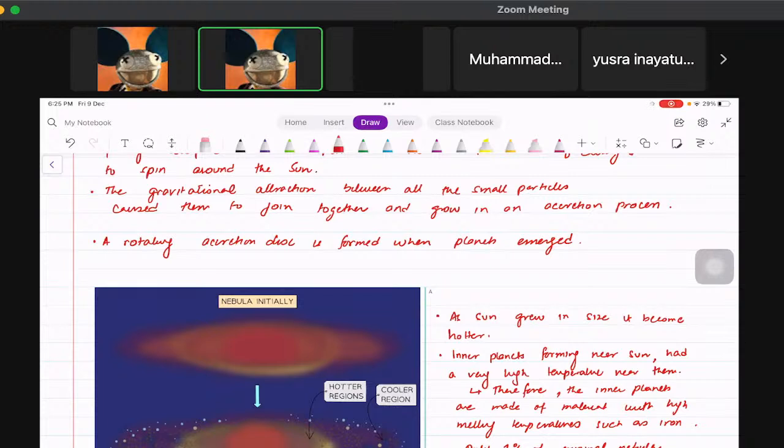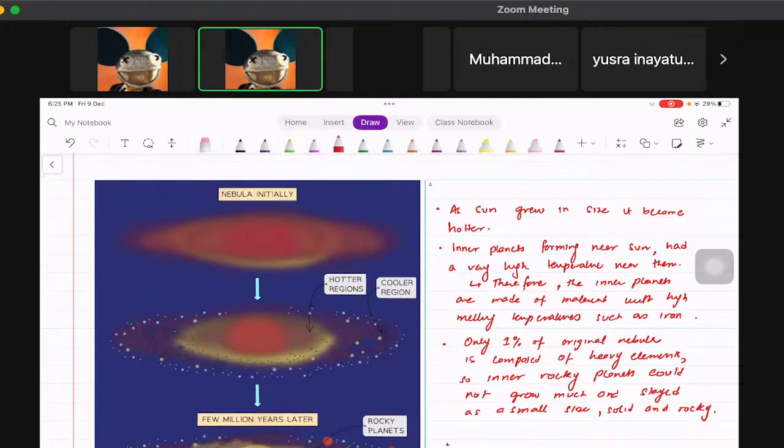So inner rocky planets could not grow much and stayed as a small size, solid and rocky. Right?